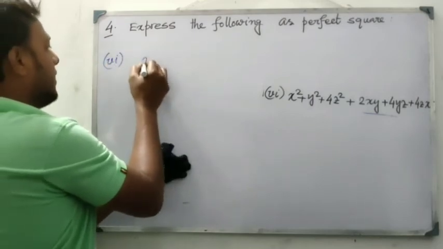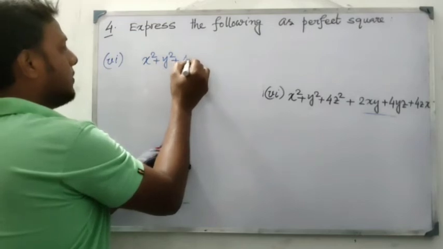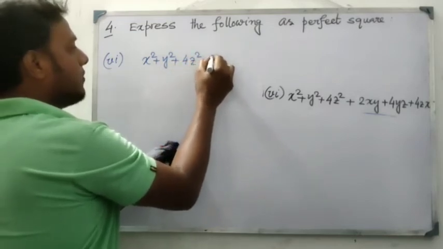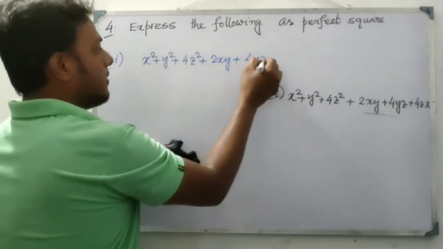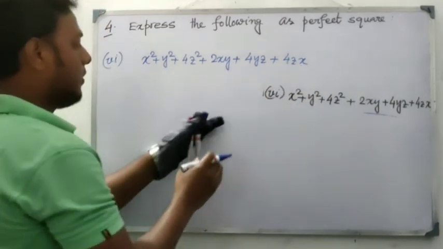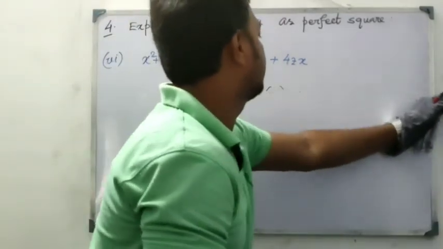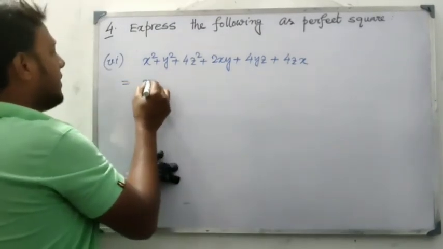The last one is x square plus y square plus 4z square plus 2xy plus 4yz plus 4zx. Okay, we have to make it a perfect square, or express it as one. So x square is already there, so keep it unchanged.